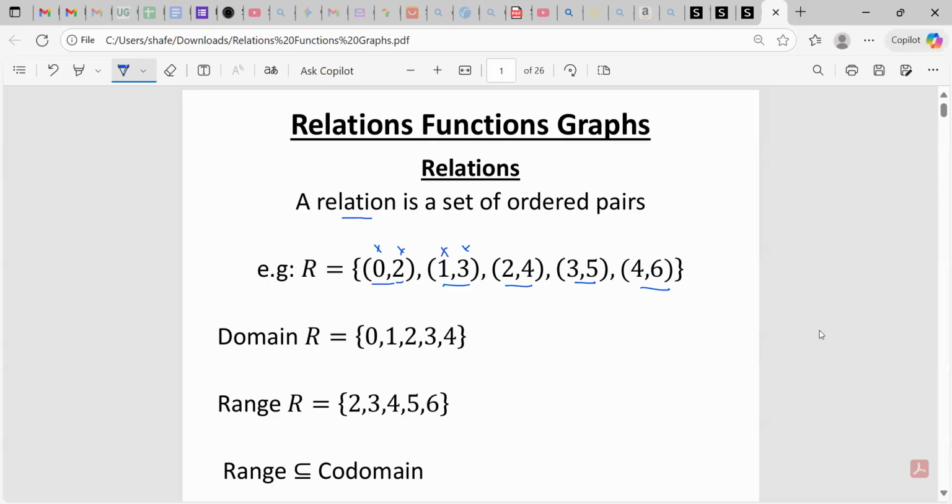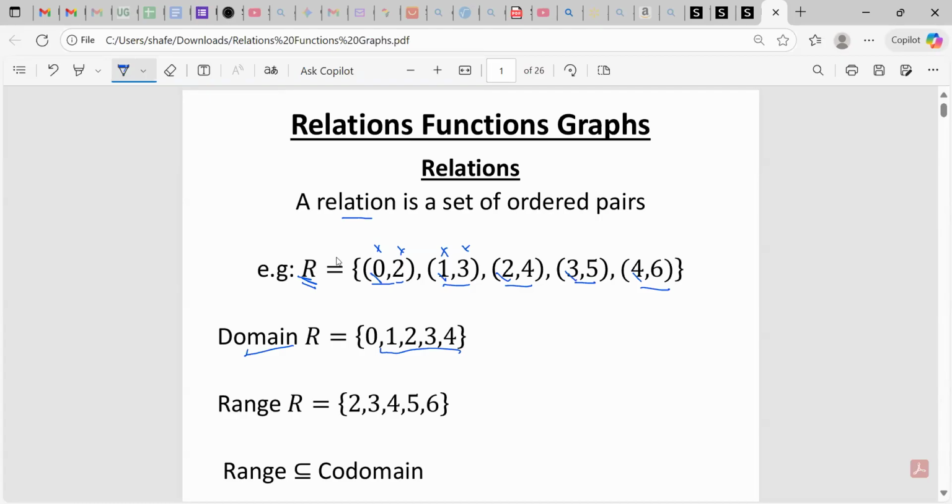Right? And we'll get into a lot of examples and different types of relationships and so on. But there's a name we give to all these first numbers. If you were to put them in one set, we call it the domain, right? So this relation, we call it R. It doesn't have to be R, it can be all kinds of letters, right?